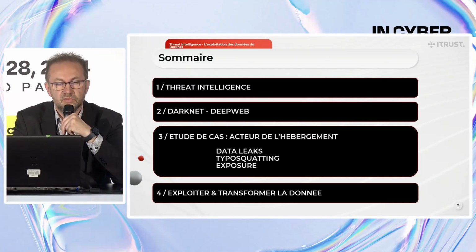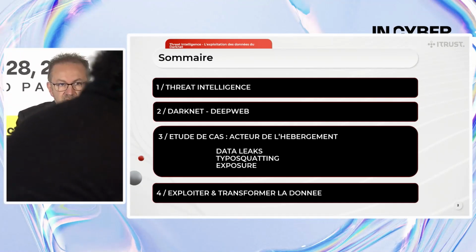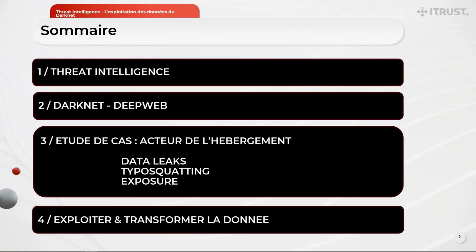Then we are going to have a case study with an accommodation actor, and then we are going to see how in iTrust we have been able to use this information, transform some data, and see what have been the positive points.